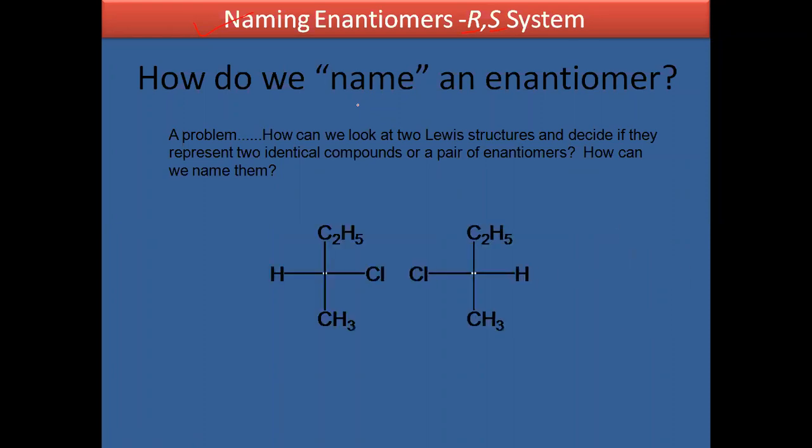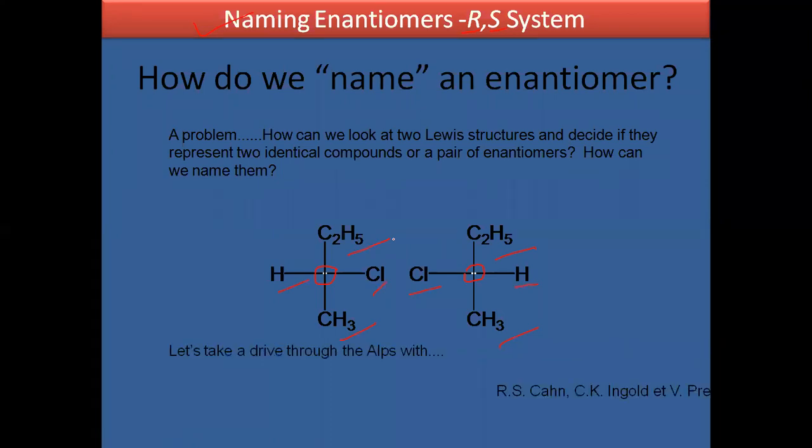For naming this type of structure, there are asymmetric carbon centers with four different groups having different priorities. When such enantiomers are given to you for naming, how can we name them?